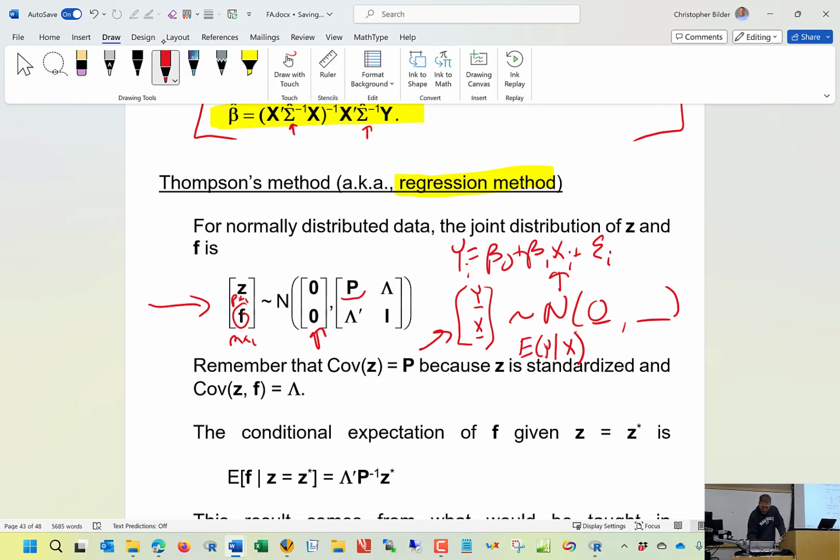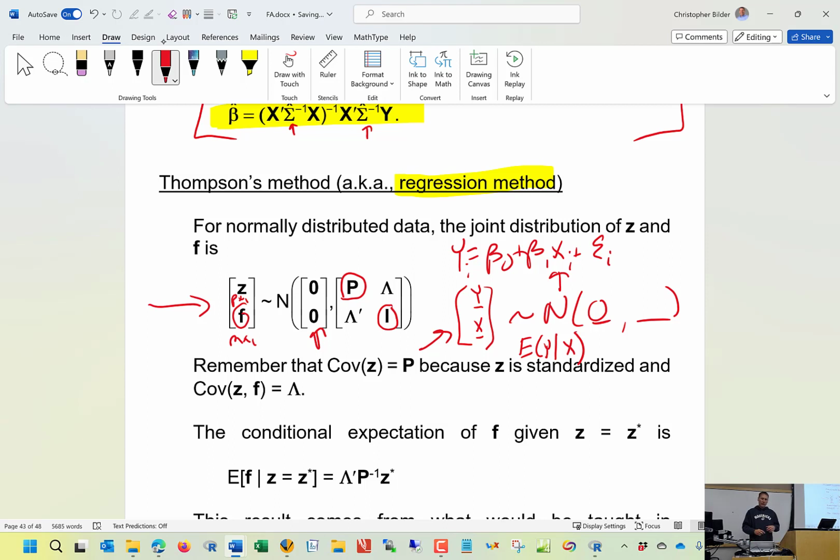Remember also, the covariance matrix for standardized variables is equivalent to the correlation matrix. Also remember, and we actually talked about this a little bit earlier, the f's are assumed to be independent of one another with a variance of 1.